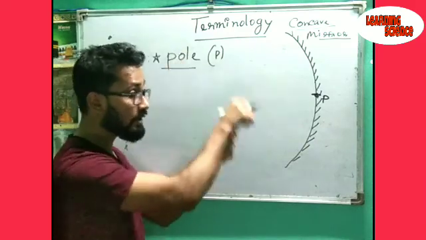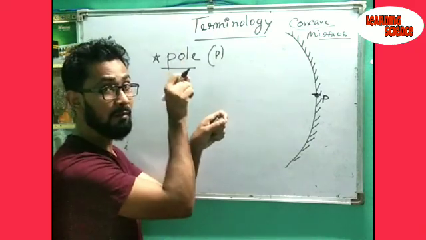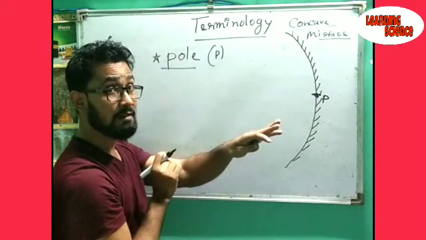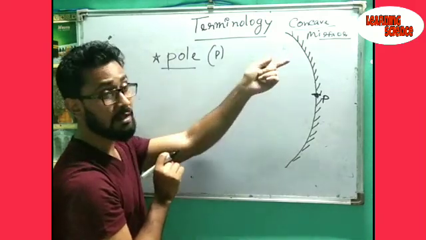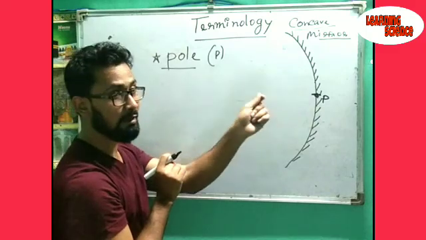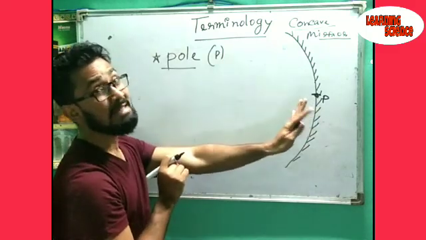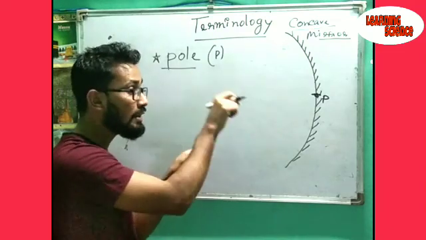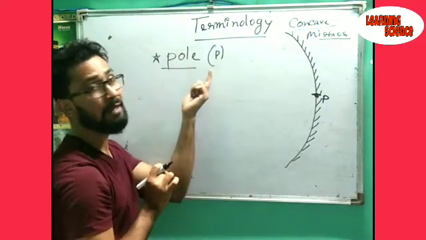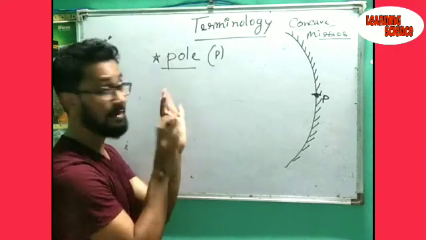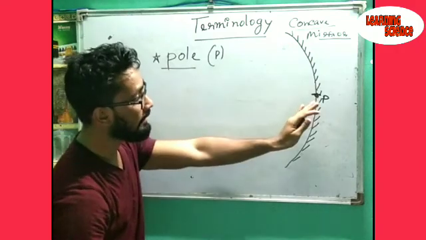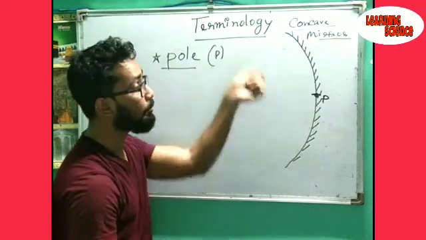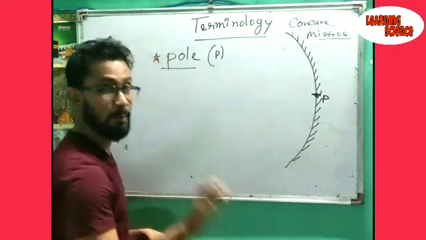It is the center of the mirror, whether it is concave or convex. No matter what kind of mirror it is, the pole is in the middle of the mirror. It is a point on the mirror and it is denoted by P. Hope it's clear.